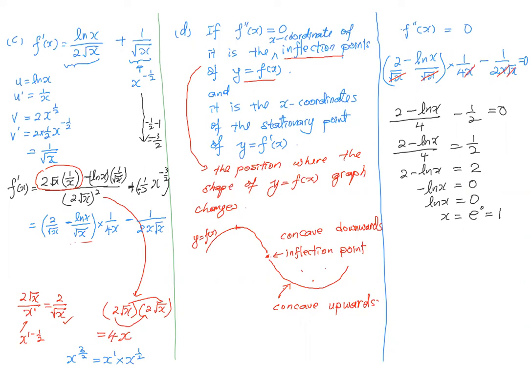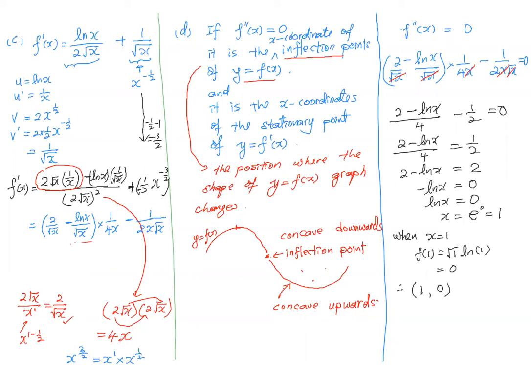So when x equals 1, f(1), I go back to my formula again. That is x square root of 1 times ln 1. Am I right? So ln 1 is 0, so the whole thing is 0. So this is the point, the inflection point.